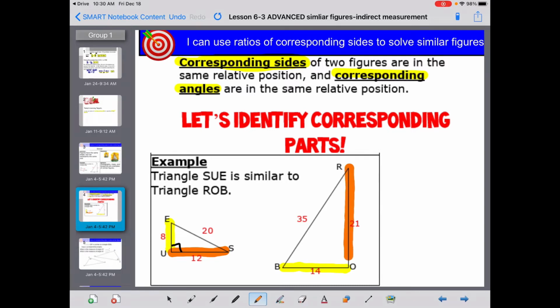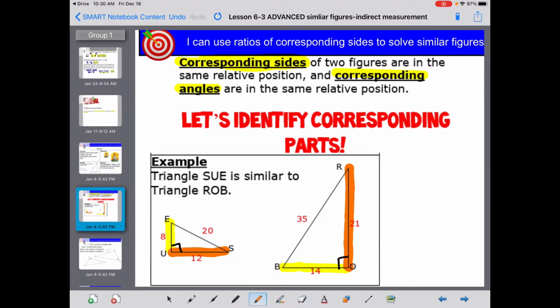It also is the side that makes up that right angle. That right angle is also a corresponding angle. Angle U corresponds to angle O. They're in the same position. Side SU corresponds to side RO. They're in the same relative position.